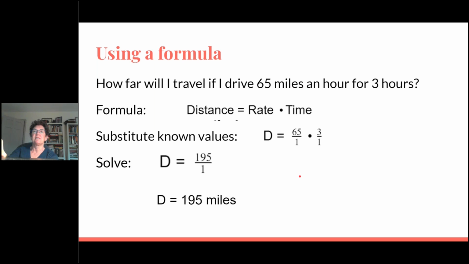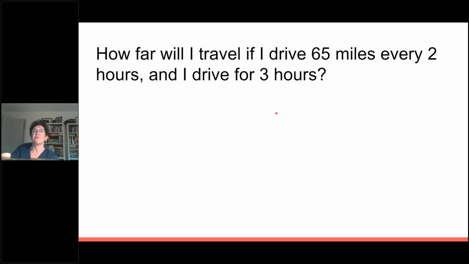Let's look at a different way this could go. How far will I travel if I drive 65 miles every 2 hours and I drive for 3 hours? So remember that idea that our rate is not always divided by 1. Here we're saying our rate is 65 miles every 2 hours, not every 1 hour.